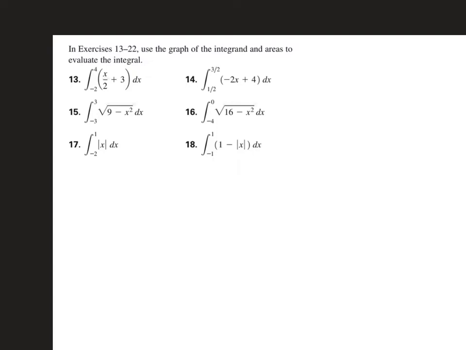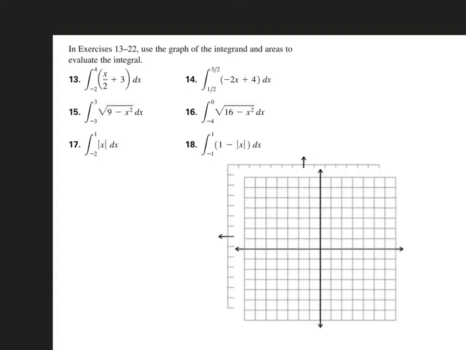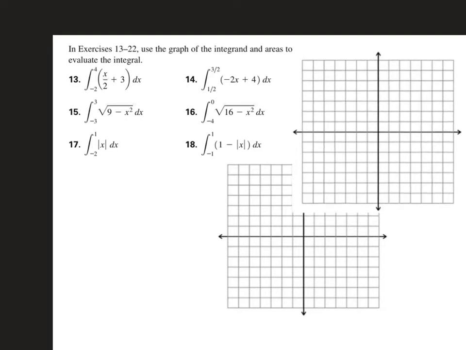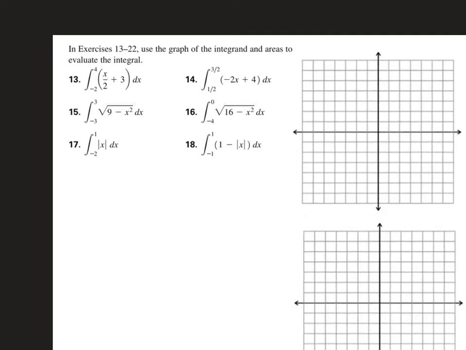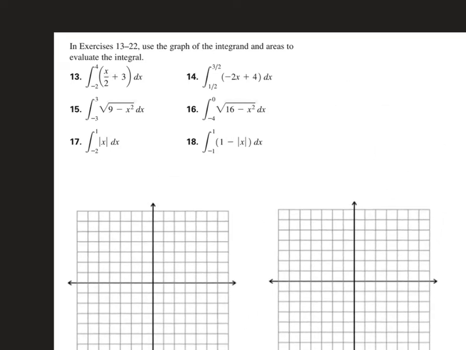Okay, so we'll get, here, let's get a graph. Actually, let's get a couple. All right, actually, let's do this. Oops.